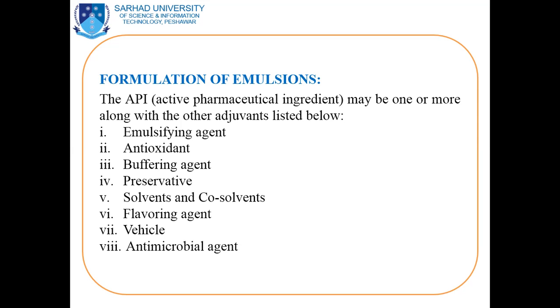Before discussing the formulation of emulsion, first of all we should know that there are certain ingredients which are termed active pharmaceutical ingredients. It is necessary for each dosage form to mention the quantity of the drug on the label.